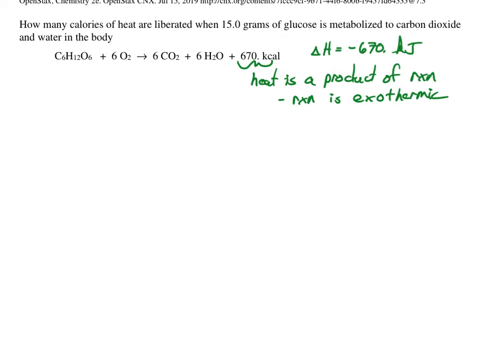Let's answer the question. The question starts with 15.0 grams of glucose. We want to see how much heat is generated when a mole of glucose is metabolized. So we're going to need the formula weight. The formula weight is 180.18 grams per mole.